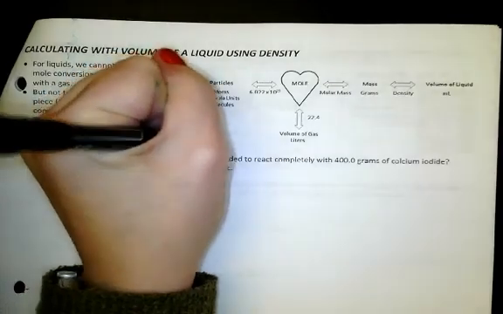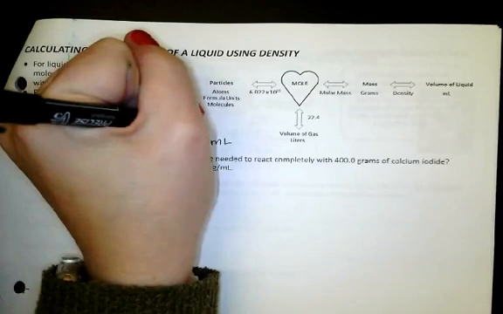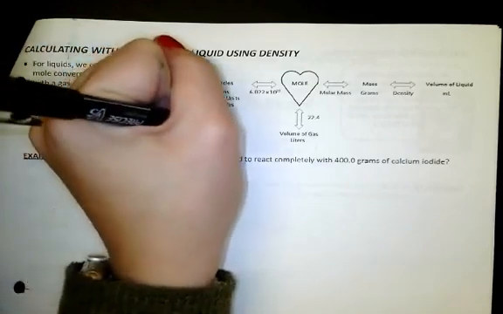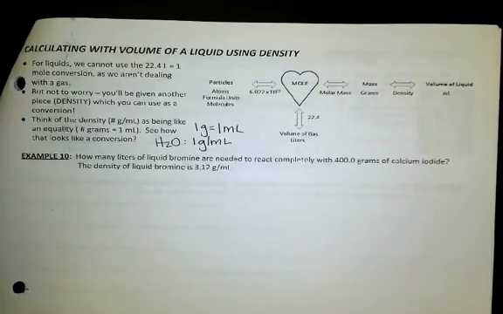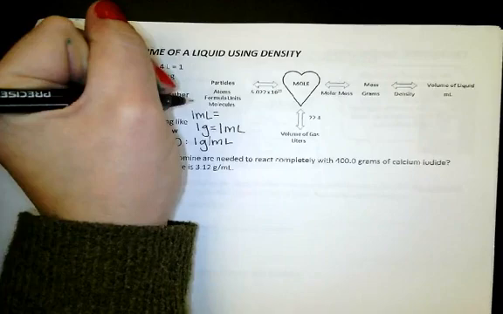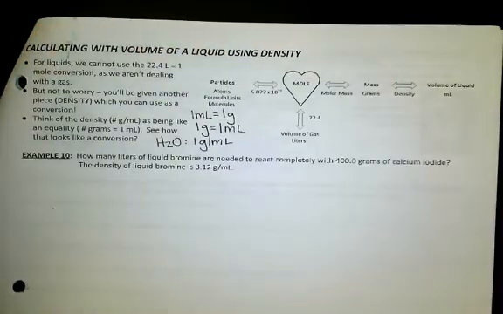And so what that means is if I have 1 gram of water, liquid water, its volume will be 1 milliliter. And vice versa. If I have 1 milliliter of water and I go over and weigh it in my lab, it's going to weigh 1 gram. So we can use that to convert between grams and milliliters.